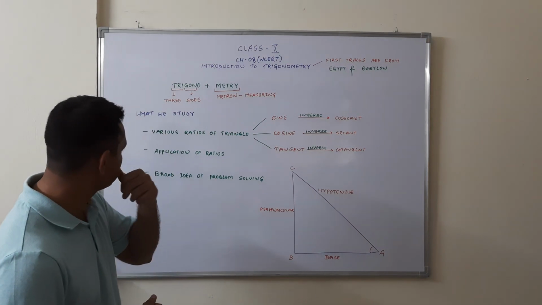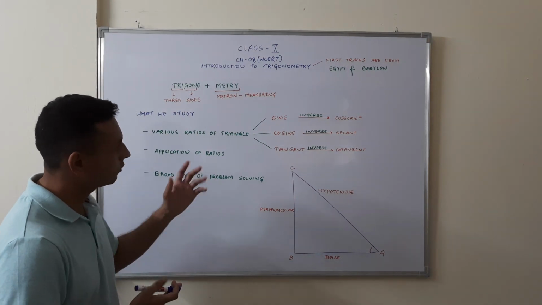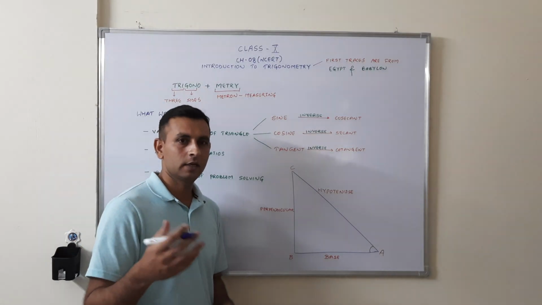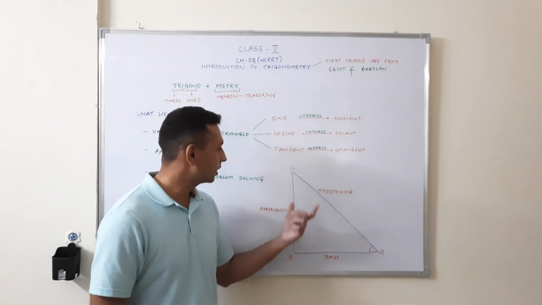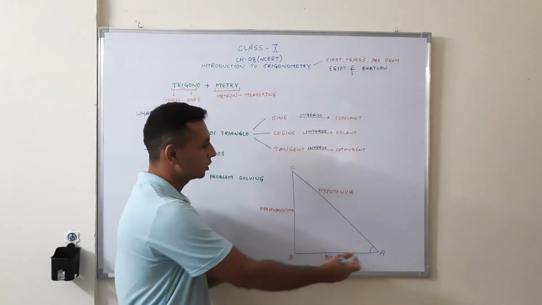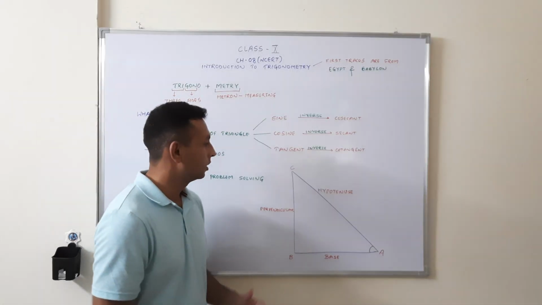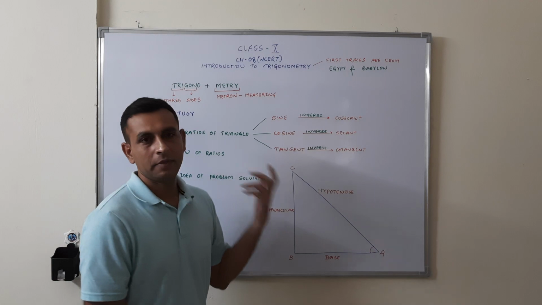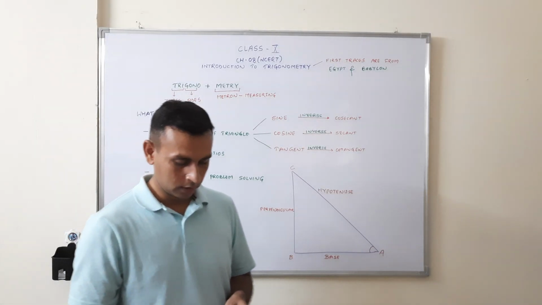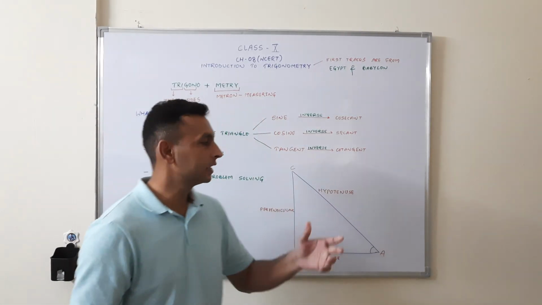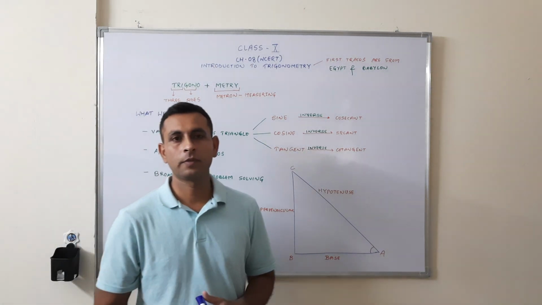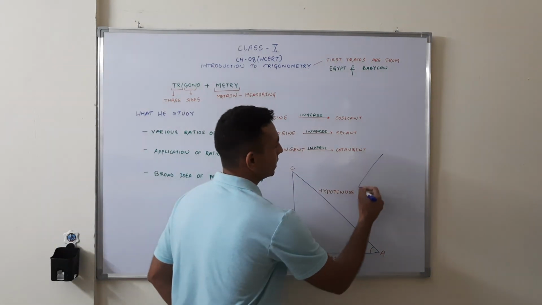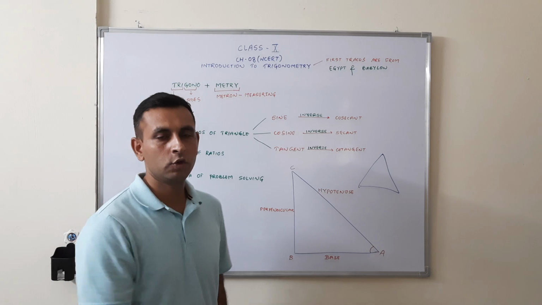Okay. Now, coming to the ratios of the triangle. First, let me clarify what a triangle is. A triangle is nothing but a shape which has three sides. There comes a limitation of trigonometry wherein it is applied for right angle triangles only. So if this kind of a triangle is given to you, how do you apply it?